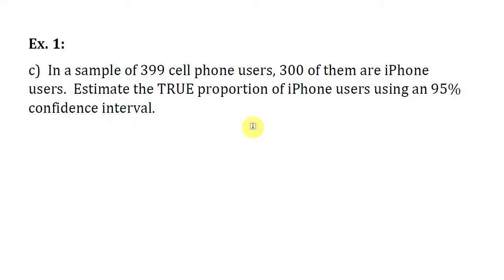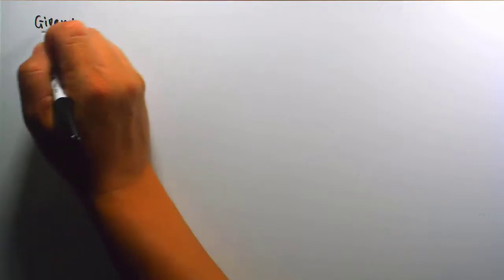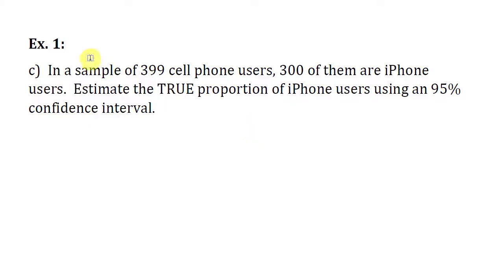And so, as far as given information, let's list it down. In a sample of 399 cell phone users, 300 of them are iPhone users.